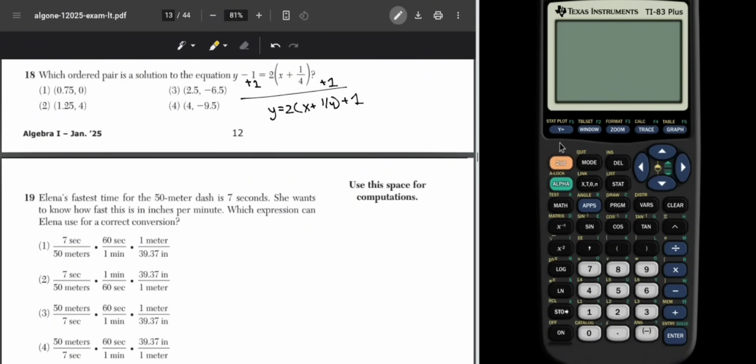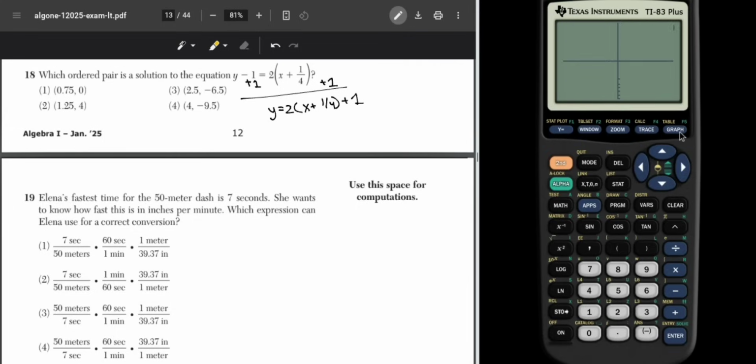I'm going to go to my y equals. I'm going to clear what I have in there. And then I'm going to write 2 times, 2 parentheses x plus parentheses 1/4, plus 1.